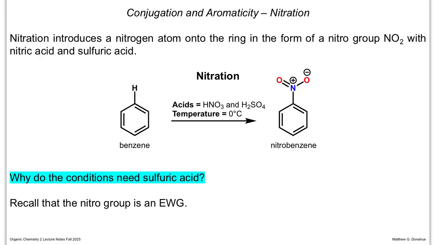So we're kind of hopping around here. We got halogens on, we got sulfur, now we're going to go to nitrogen in terms of the classical conditions. And so for nitration, we're installing the NO2 group.